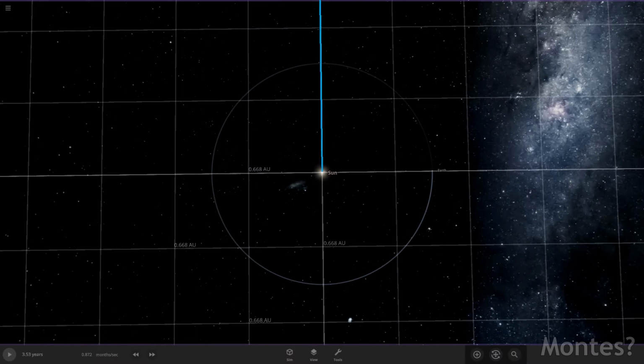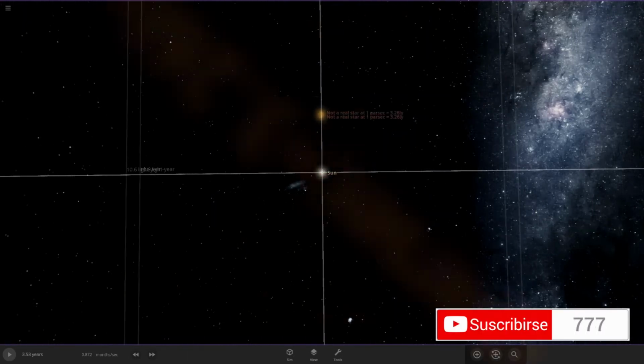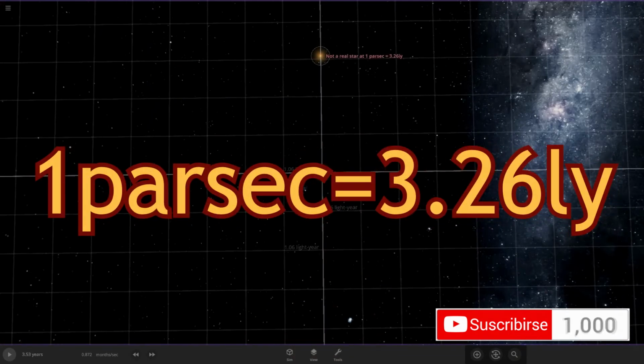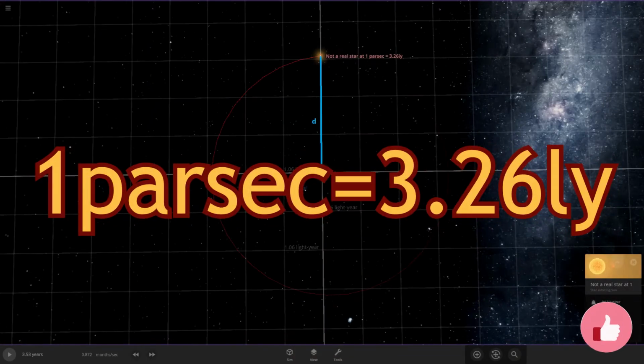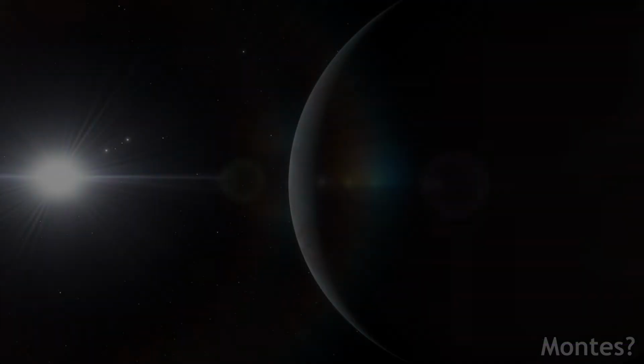So, if we consider 1 arcsecond of angle whose opposite side is 1 astronomical unit, then we solve for the distance, and in this case 1 parsec equals 3.26 light years, and that is what we know as 1 parsec.